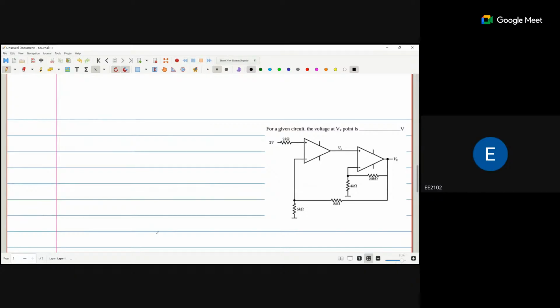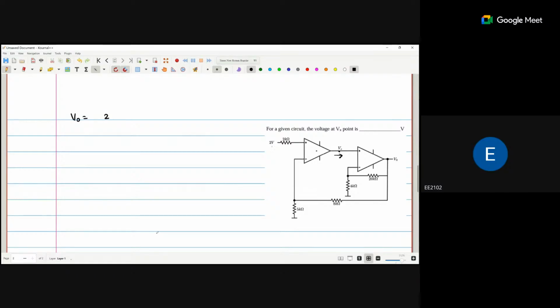So there is no output current at this point, because all current will be passed through the feedback circuit. So no current will be passed towards the operational amplifier. If no current is there, that means the voltage is also not there because of this operational amplifier. Okay, so what is my V naught?